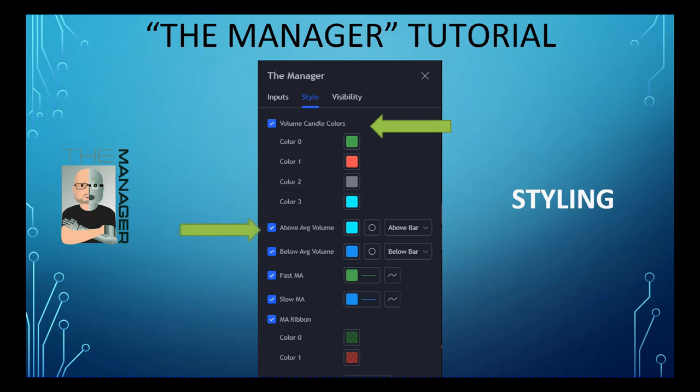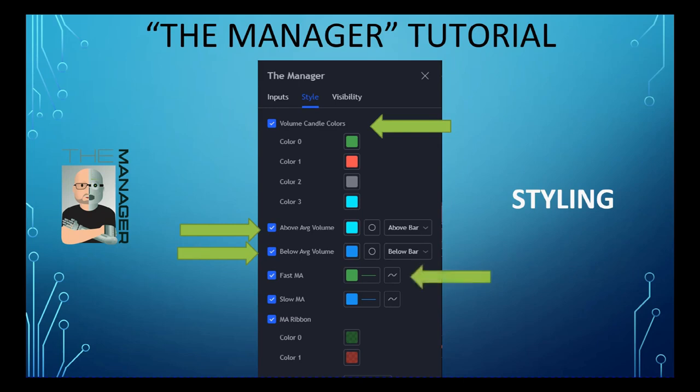The above average volume at the moment is set to circle and cyan, but you can change the shape and the color as well. And below average volume at the moment is set to blue circle, and that goes below the candle. I would suggest you don't change where it actually goes, but if you want to change the color and the shape, you can do that.